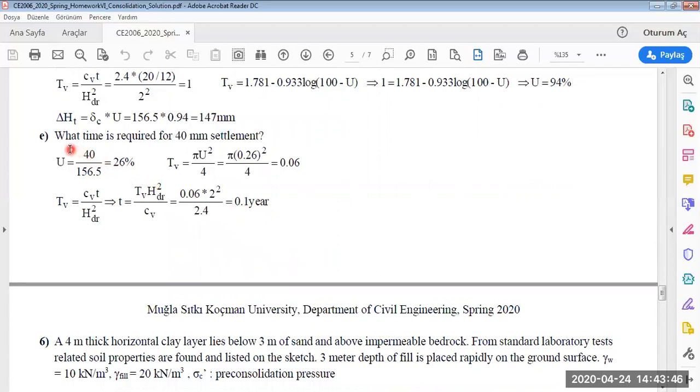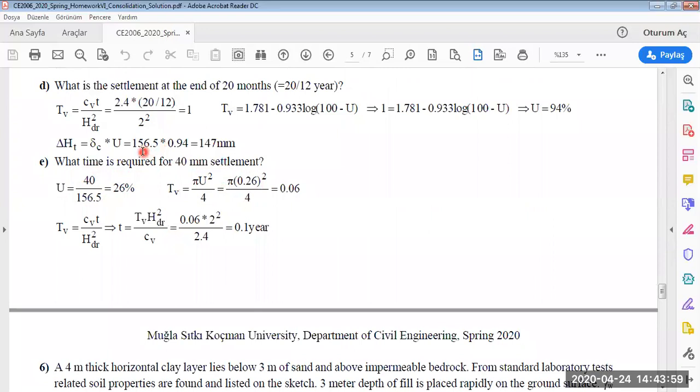In this part, the amount of settlement is given, but the ask is the time required for this settlement. As you see here, this is the maximum consolidation settlement. I mean, this is the amount of the settlement at the end of the consolidation.